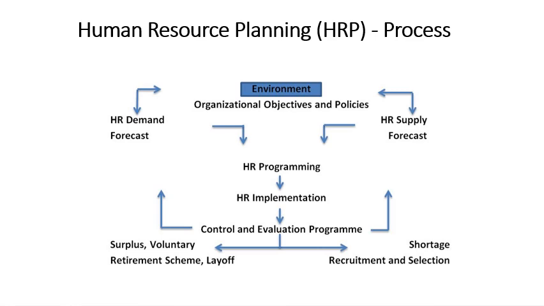For example, voluntary retirement scheme. There are many people who are crossing 50 years of age and coming to their retirement. So the company can give them attractive voluntary retirement schemes. The people who are near their retirement can take advantage of these schemes. They can take voluntary retirement.